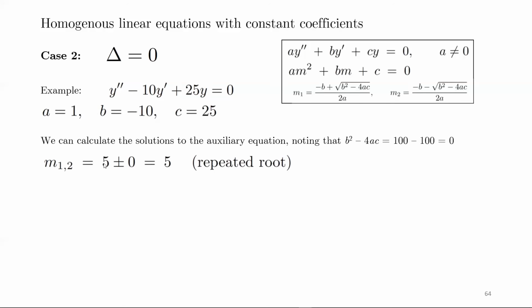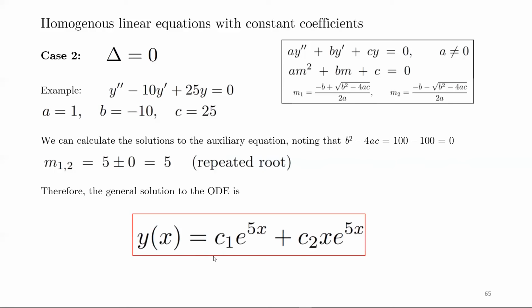Therefore, because I know the form of the general solution for case 2, where the discriminant is equal to 0, it is simply C1 times e to the 5x plus C2 times x times e to the 5x, where the 5 is the repeated root, the root of the auxiliary equation.